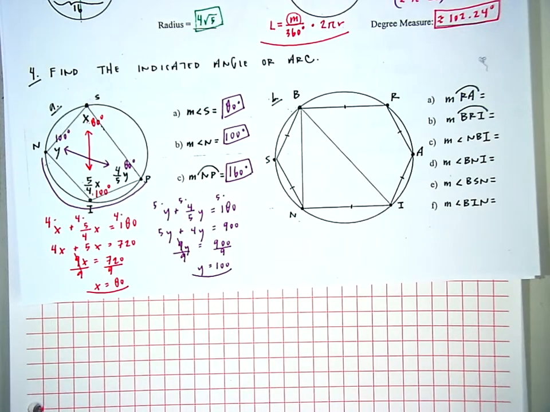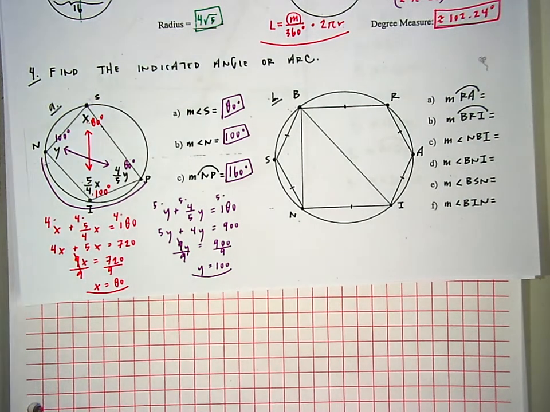Okay, next one here in B, we see that we have this inscribed regular hexagon inside of a circle, and we have a few extra chords drawn in as well. All right, so first thing again, when I have an inscribed regular hexagon, I can visualize, oh, I have 6 congruent chords. So I know that my arcs of congruent chords, they're always going to be congruent too because they cut off the same portion of the whole circle.